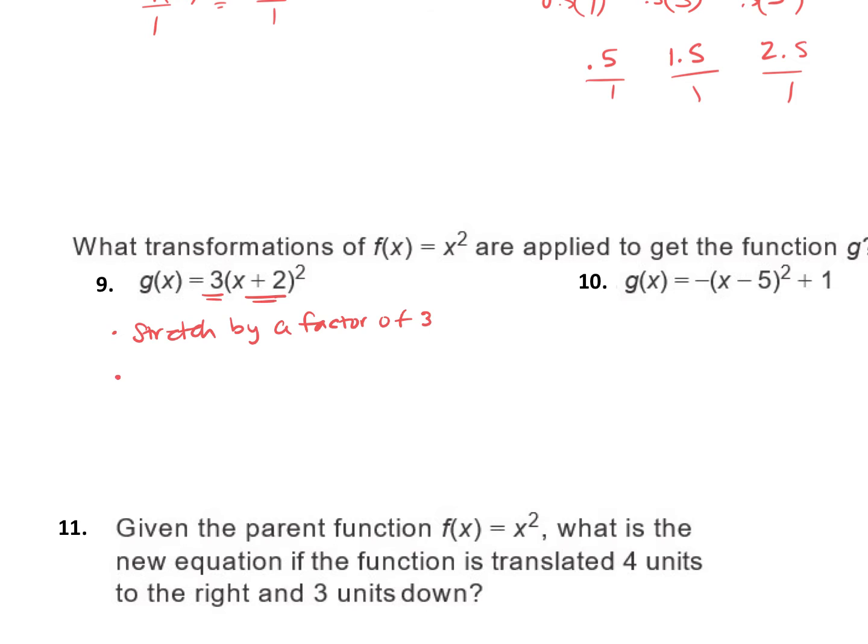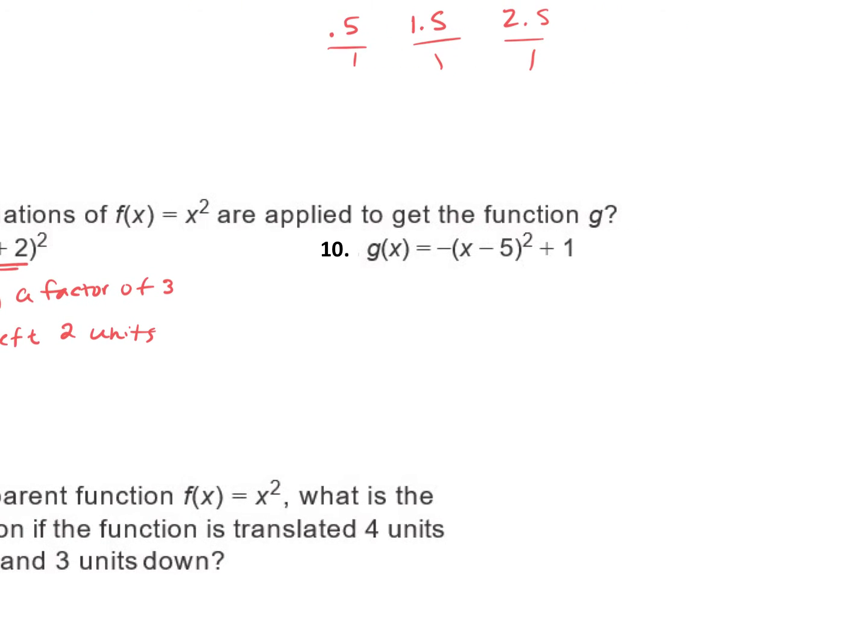Remember, tricky x, so we would translate to the left 2 units. And those are the only transformations for that function. Number 10, we have a negative out in front. That's a reflection. When it's out in front, it's a reflection across the x-axis.